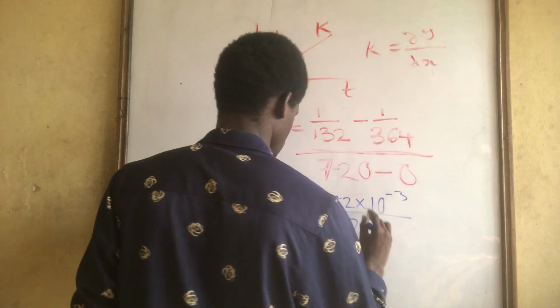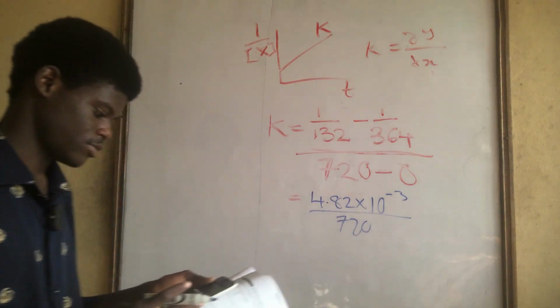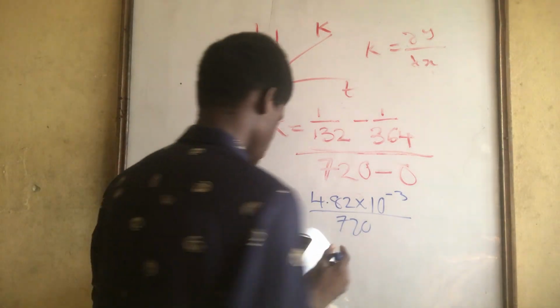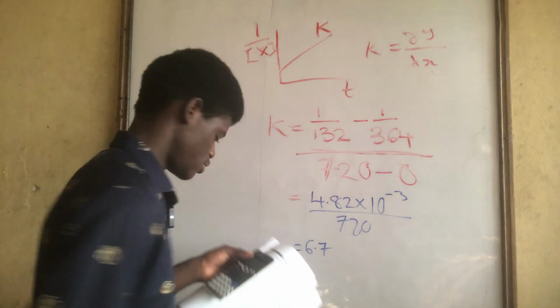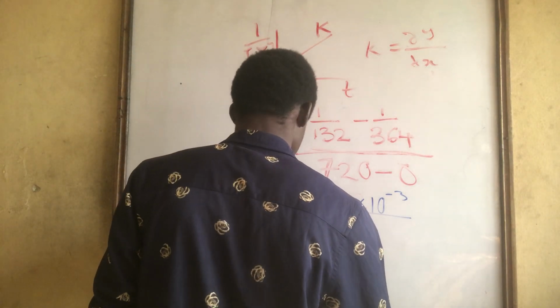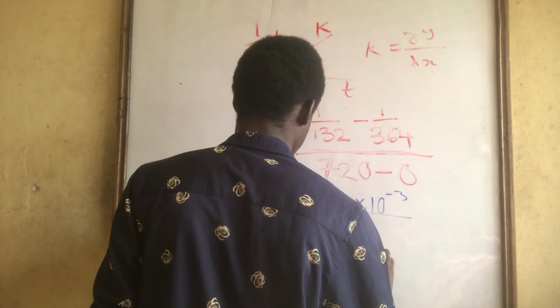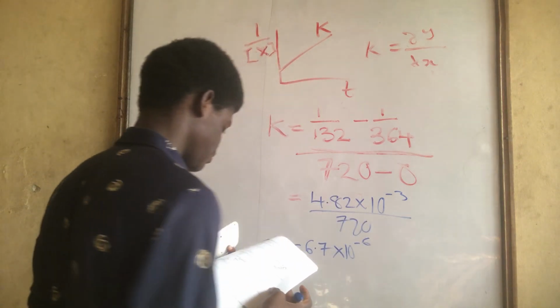And our final answer will be 6.7. Can you see the board? Yes, 6.7 times 10 raised to the power minus 6.